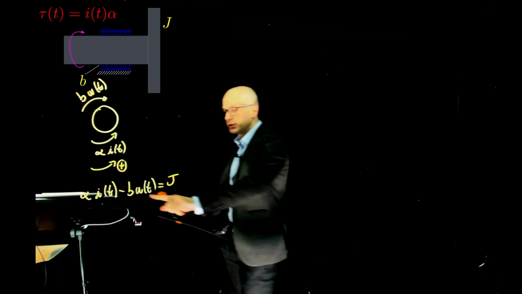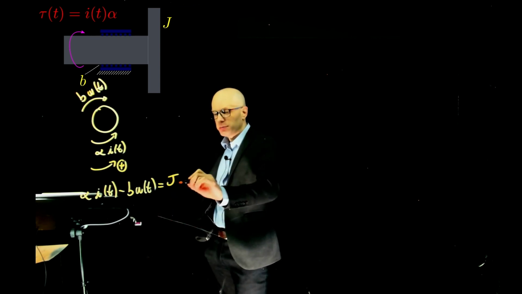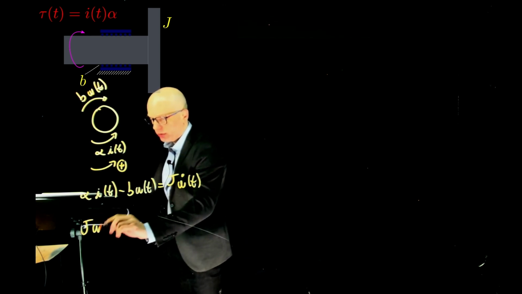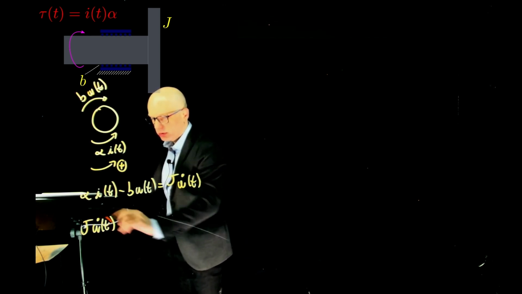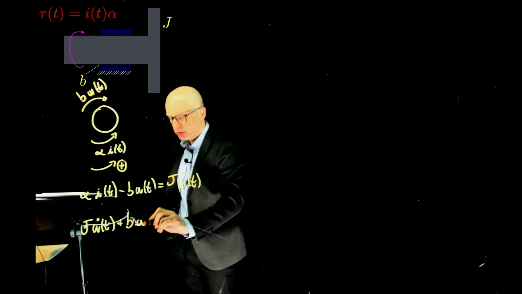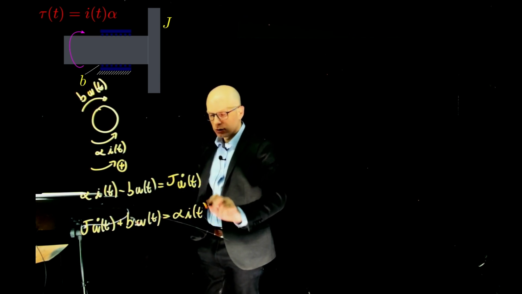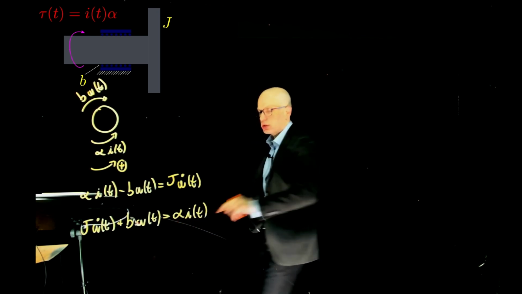And the acceleration is nothing else than the derivative of the speed, so omega dot of t. I can rearrange this equation: J omega dot of t plus b omega of t equals the input torque, which is a constant times the current.